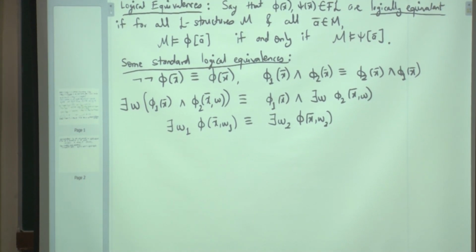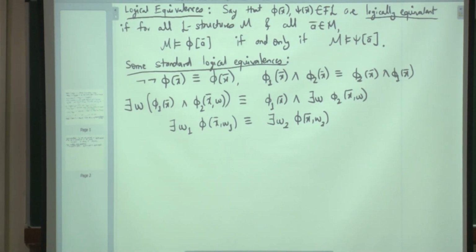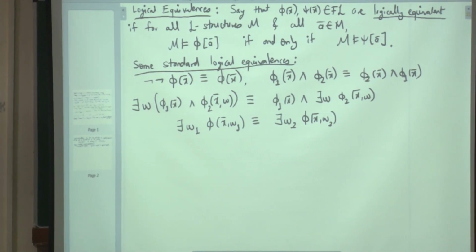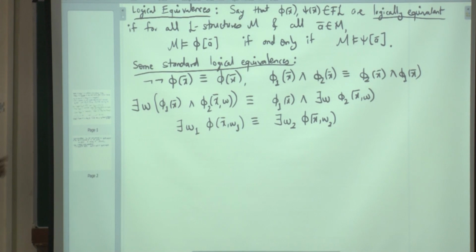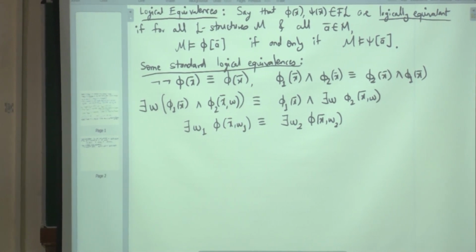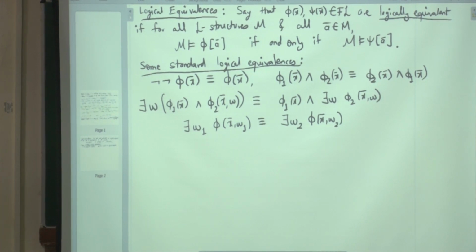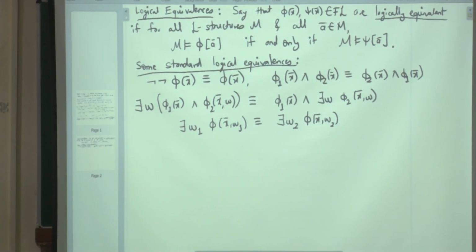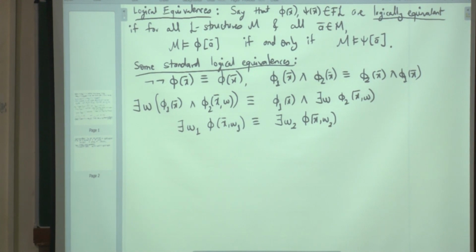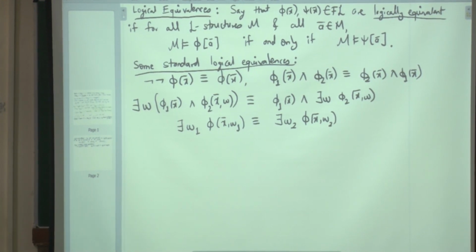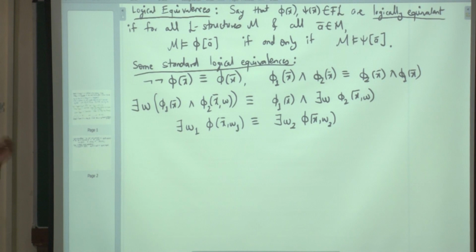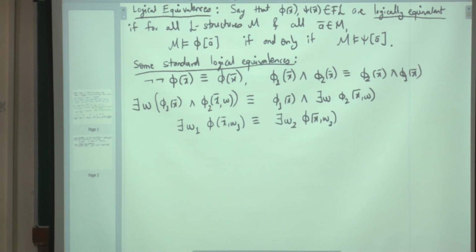What are we doing here? We are simply changing the name of the bound variable. It doesn't change the meaning. You understand this? Okay. So this is also a standard logical equivalence. We cannot do this with free variables. Be warned. Free variables have to be in a specific order, but bound variables you can rename freely.